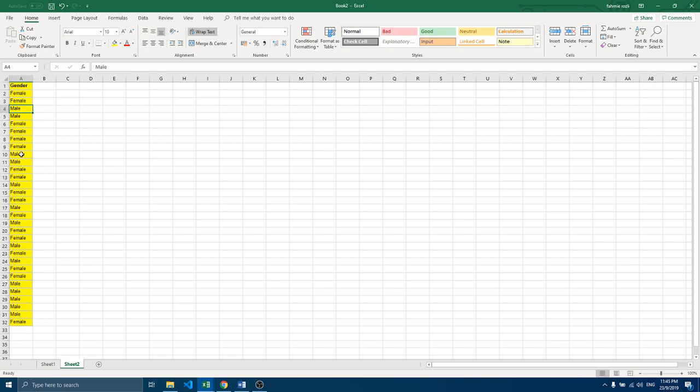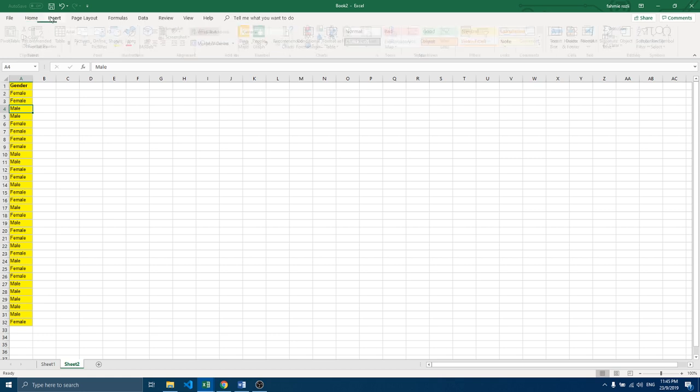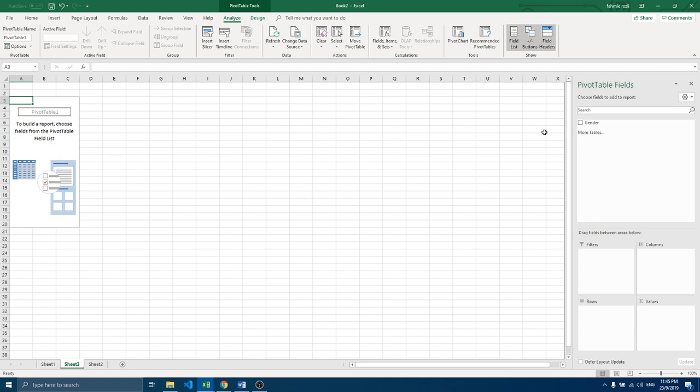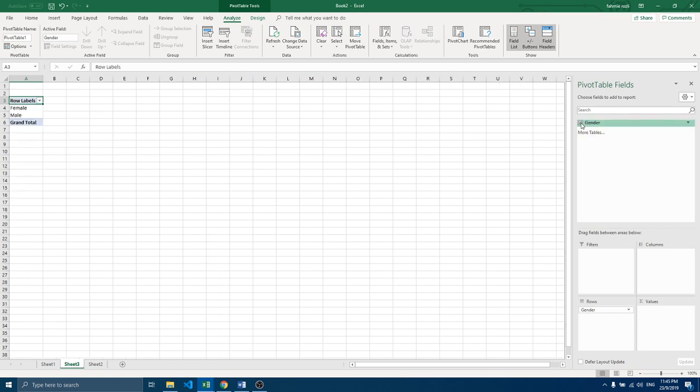So how to do that? You go to insert, pivot table, so select a table or range, and make sure all these data are selected. Okay, from A1 until A32, and then new worksheet. Okay, so once you click OK, you tick gender, right?